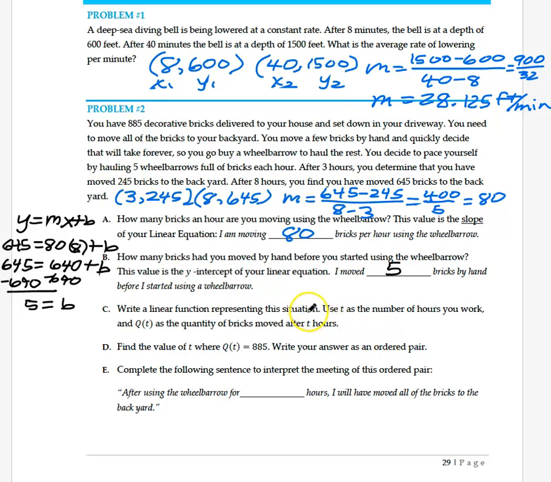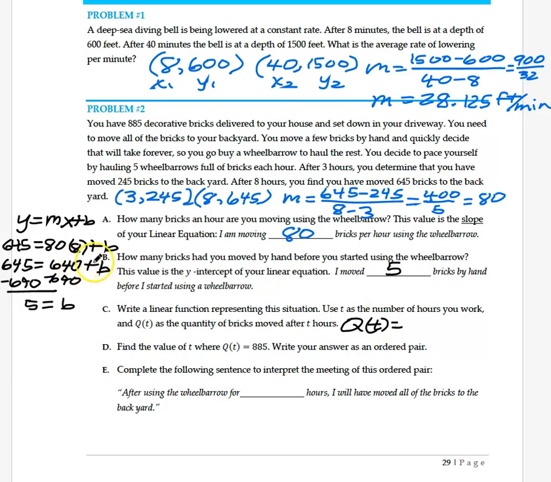All right, part C. Write a linear function representing this situation. Use t as the number of hours you work and q of t as the quantity of bricks moved after t hours. Okay, so we're going to start off with q of t. That's the number of bricks we're going to be moving. So it's kind of like we're going to set it up with this y equals mx plus b, but using the things that they want us to here.